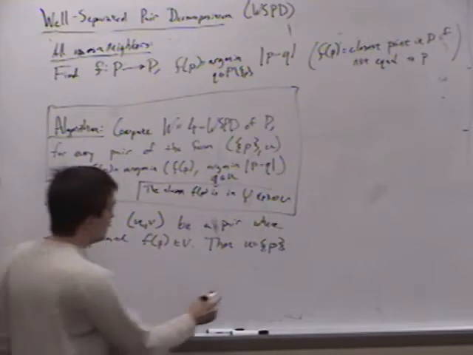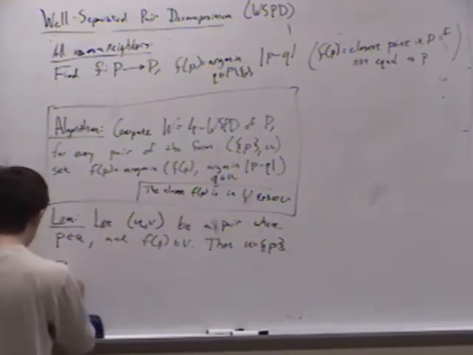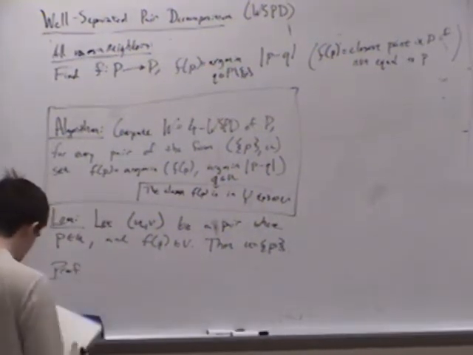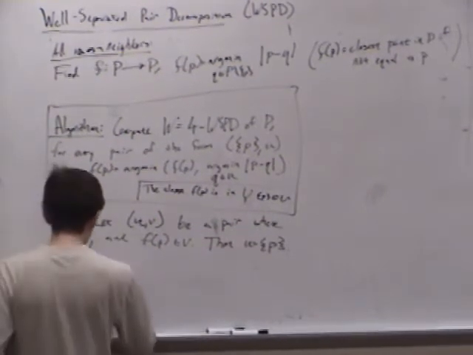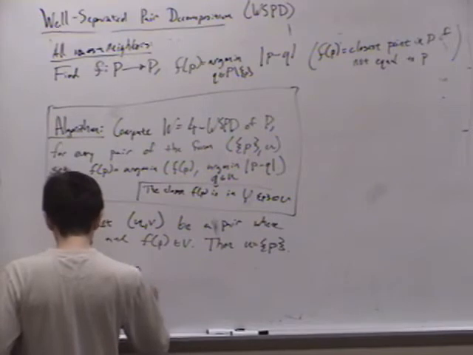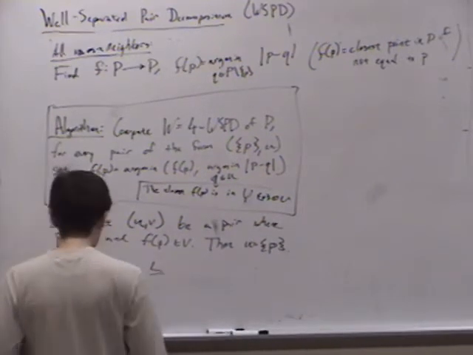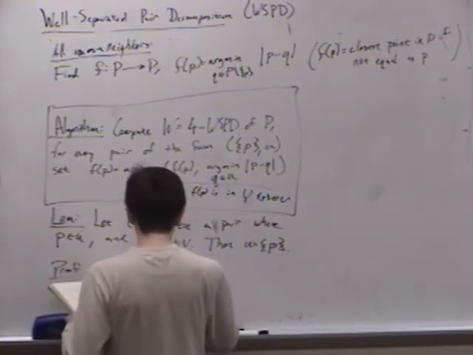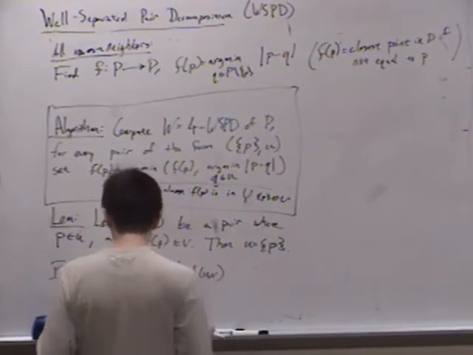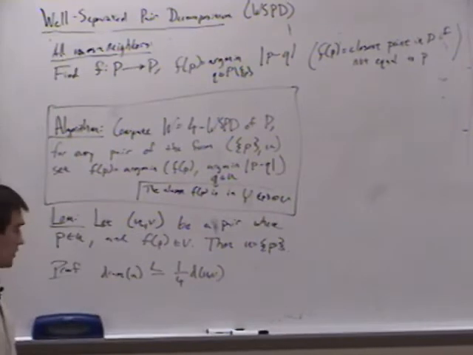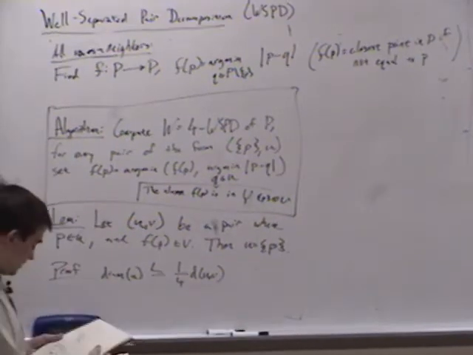All right. So here's our proof. We know that the diameter of U is less than or equal to 1 over 4 times the distance from U to V, which is our hypothesis here, because it's well separated.